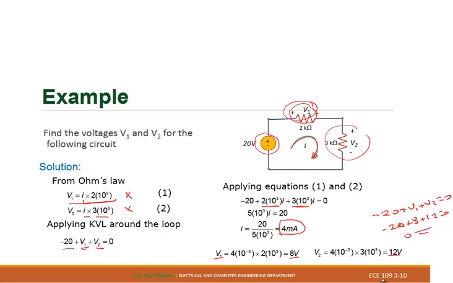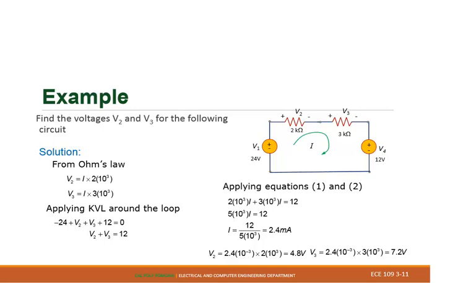Makes sense. In this example, we have two voltage sources, V1 and V4. So we need to find V2 and V3. First, using Ohm's law, if we select the current in this direction here, V2 will be equal to I times 2K, then V3 will be equal to I times 3K.